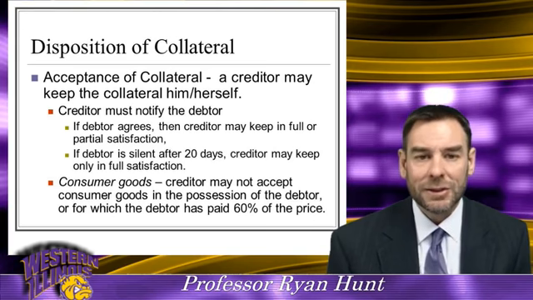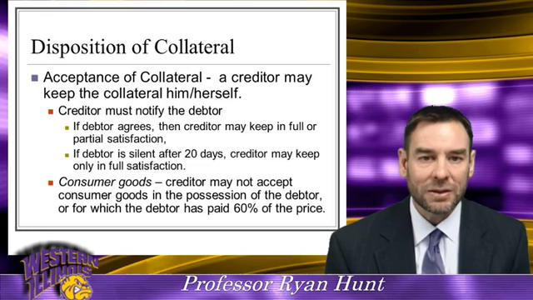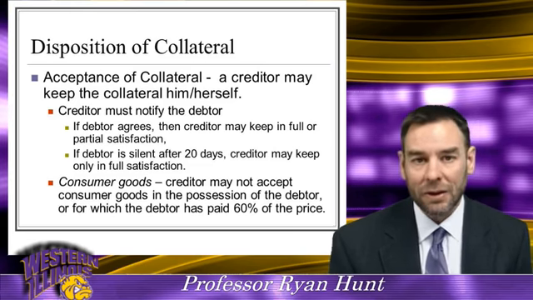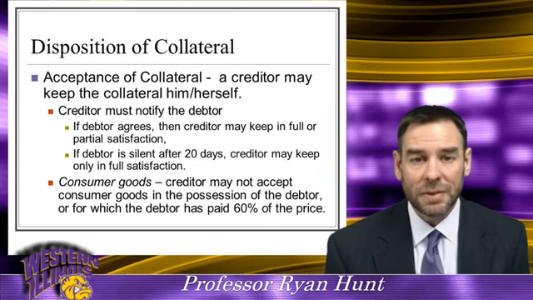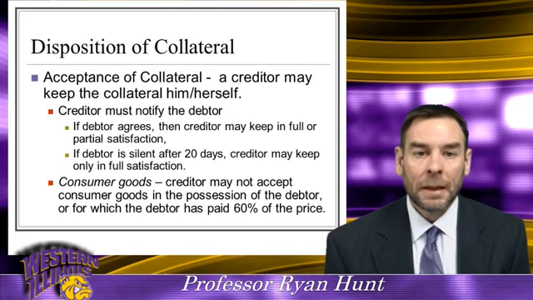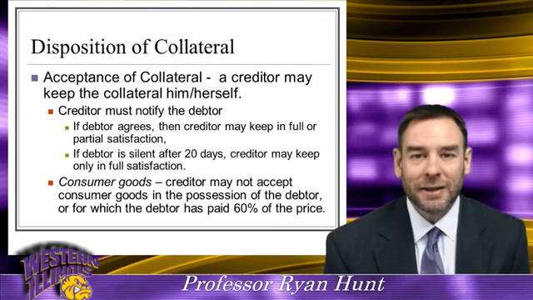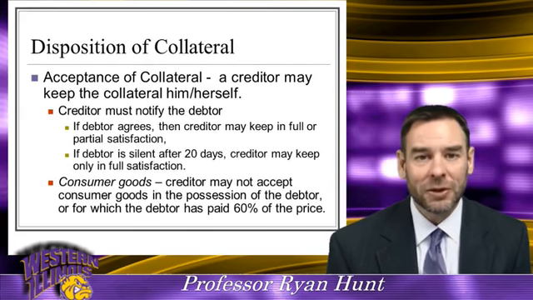Okay, so let's just use a vehicle because, again, that's the most common and maybe the easiest to understand in terms of repossession of collateral. So we have a bank, they make a car loan, the debtor doesn't make the payments, is in default. The creditor wants to go and repossess. The creditor, let's say the bank president, wants a new car and so wants to keep the collateral for him or herself.